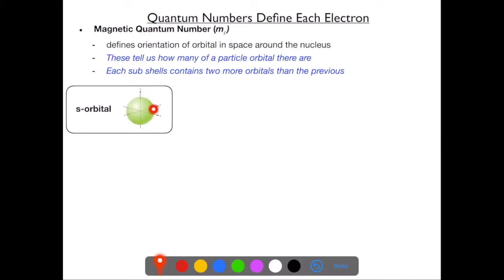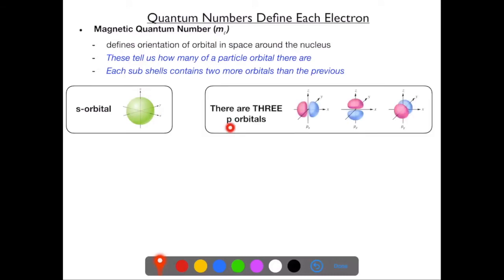It's always spherical, so there's only a single s orbital in each shell. However, with a p orbital, there are three different ways the p orbital can be presented. It can go left and right, up and down, or front and back. That means there are actually three different p orbitals in each shell that contains p orbitals.